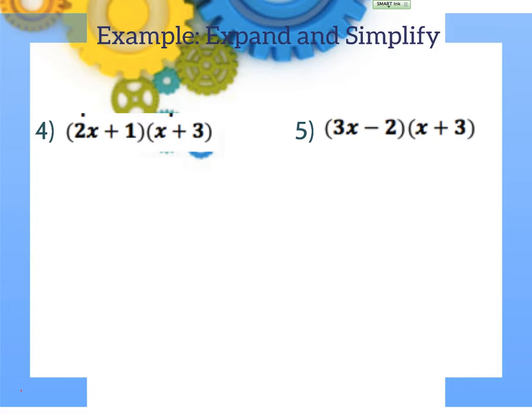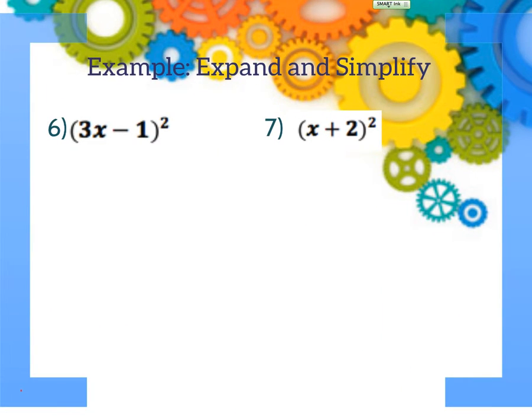Alright, these last two are for trying that shortcut. I'm going to walk you through this one. If we try that shortcut, we've got to square this first part. So 3x squared is 9x squared. I'm going to have to square the last part. I like to split it up and do that middle part last. Negative 1 squared is a positive 1.